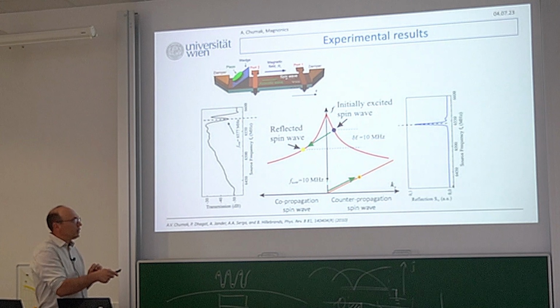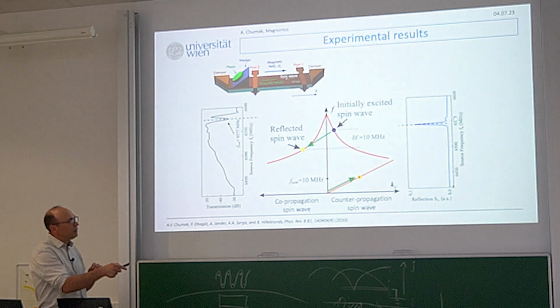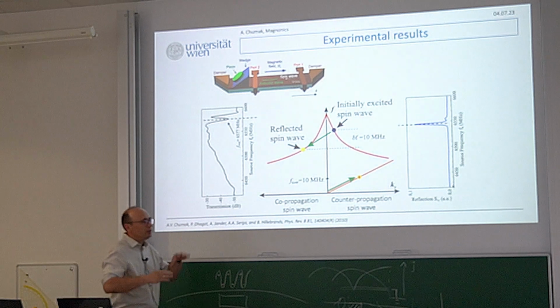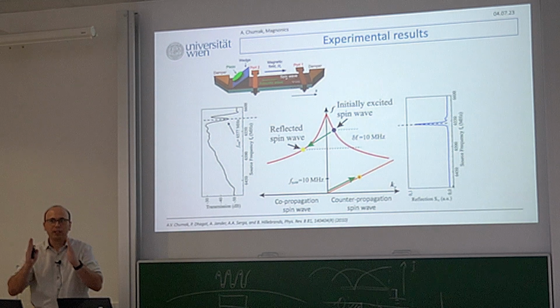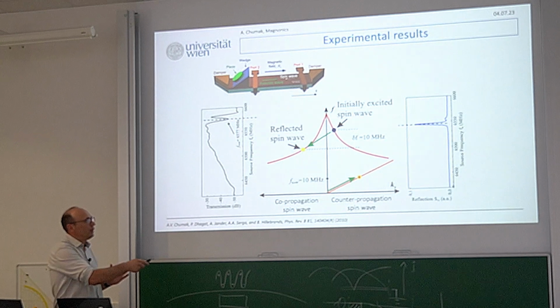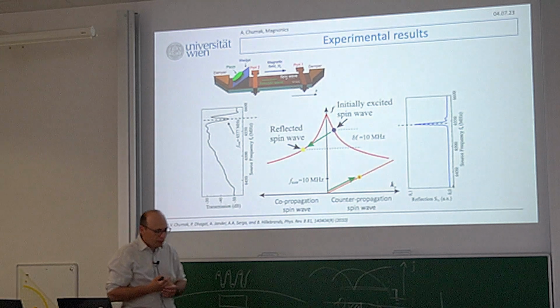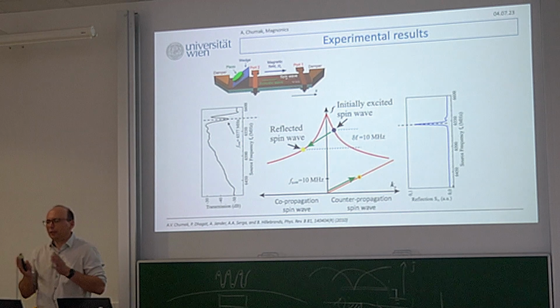Here it was not 7, it was 6.55. Yeah, but really, you are searching for two waves with a difference of 10 megahertz in frequency, but also k is very important. That's why it was a cool system, that the acoustic wave has a comparable wavelength as the spin wave.